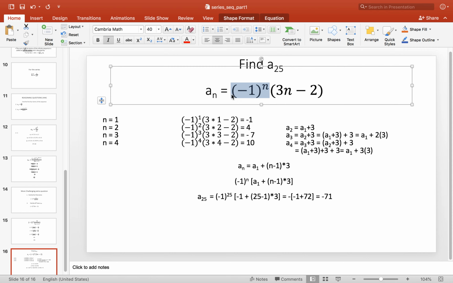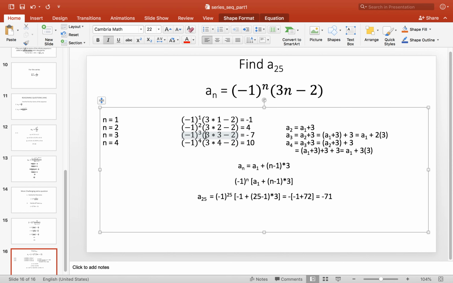If n is even, this term is positive. So when n is odd, this is negative. 3 times 3, n is 3 here, 9. 9 minus 2, 7. Here, n is 4. That's why it's positive. 3 times 4, 12. 12 minus 2, 10. So now we have negative 1, 4, negative 7, 10.